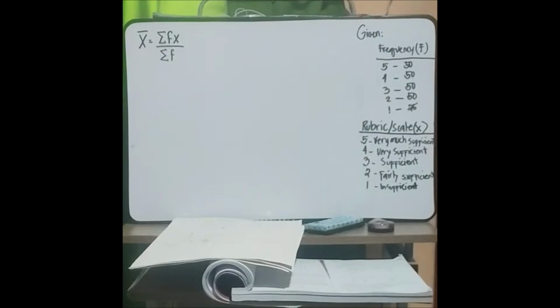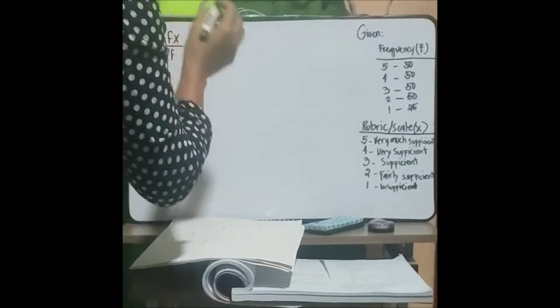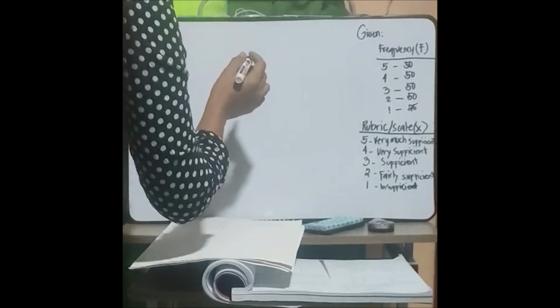Okay, so let's try to solve the problem given using this process. So, we have here the mean is equal to the summation of f times x over the summation of f. Okay, so let's start. What we're going to do is to arrange all the data.